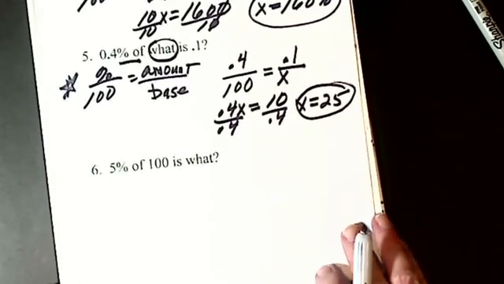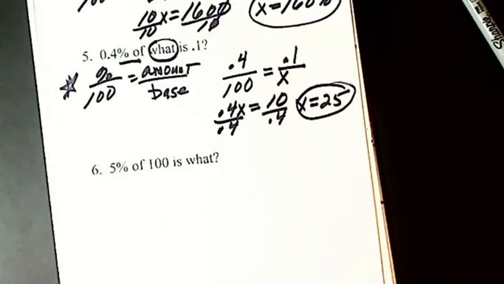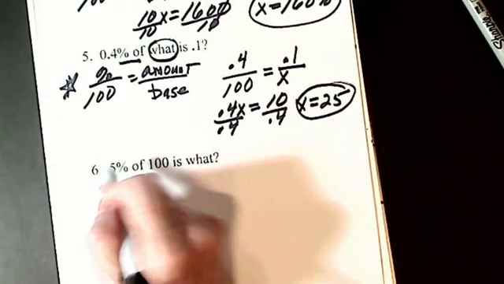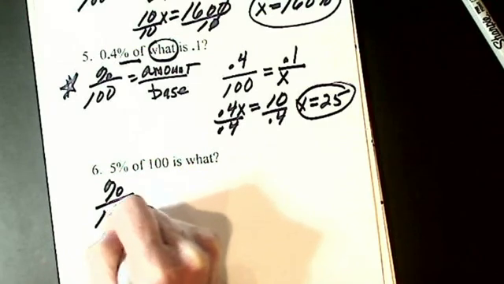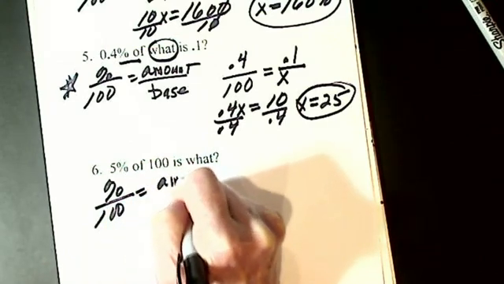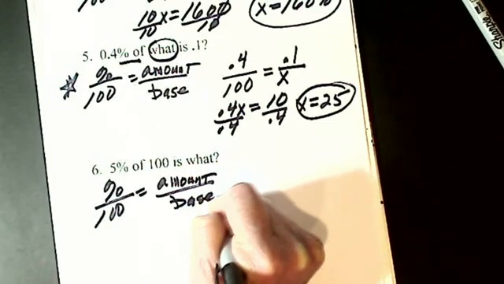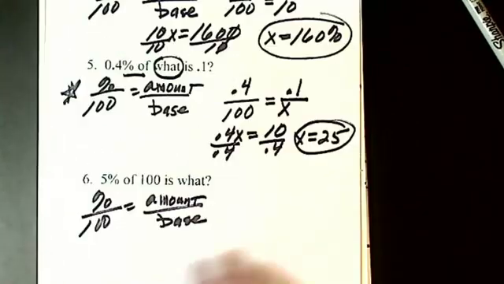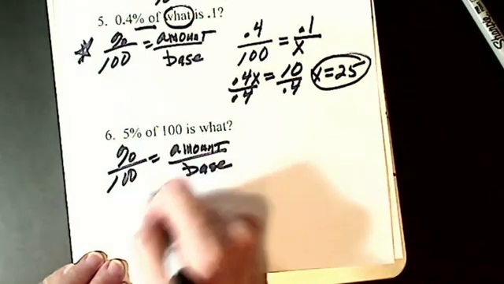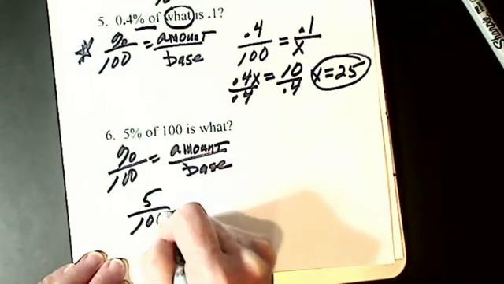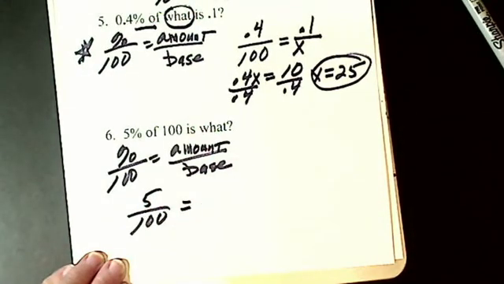All right, we'll do another one. 5% of 100 is what? I have percent over 100 equals amount over base. Do I have a percent? Yes. So I have 5 over 100. Base follows percent of.